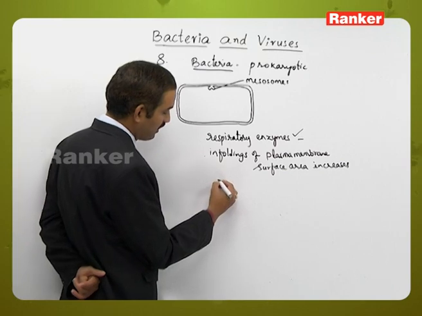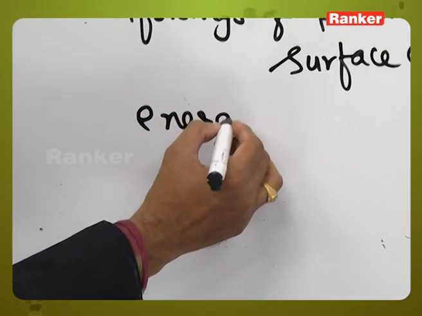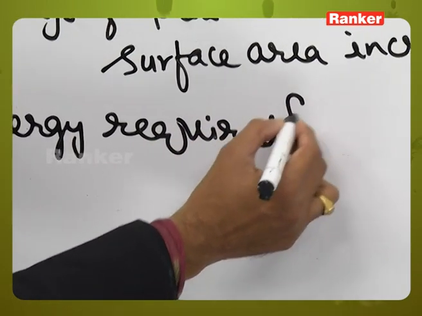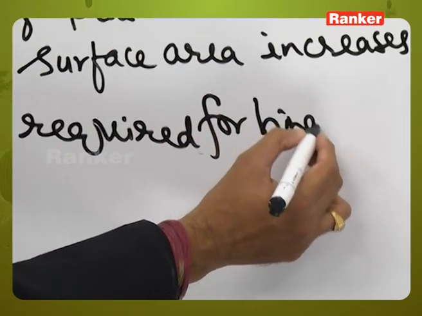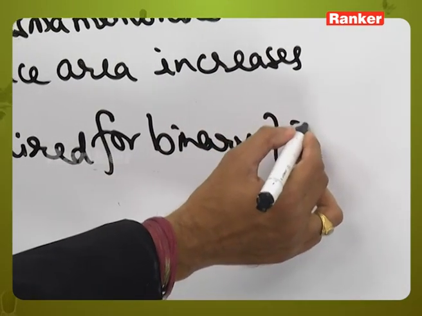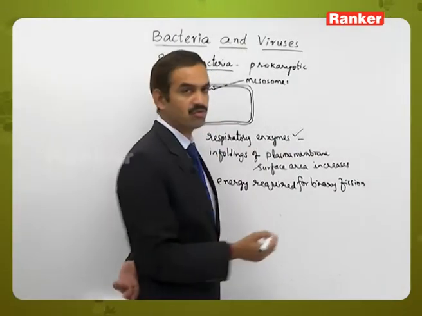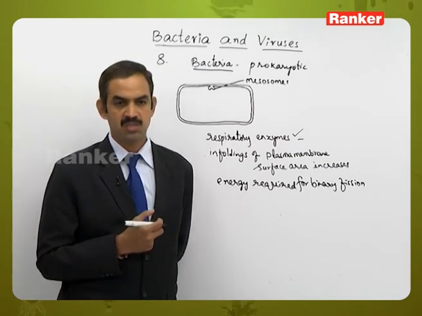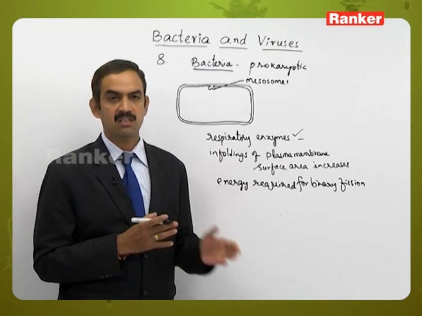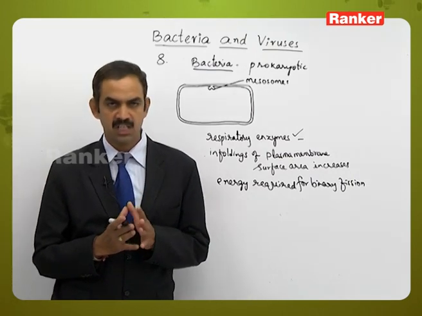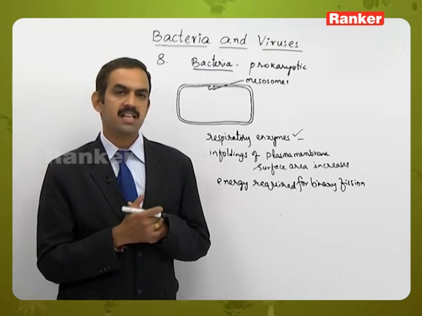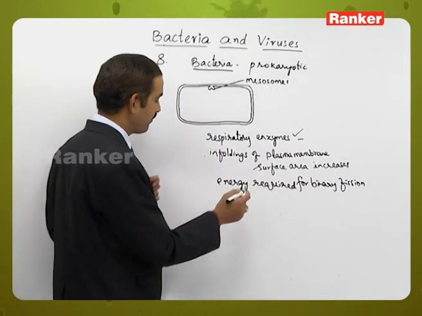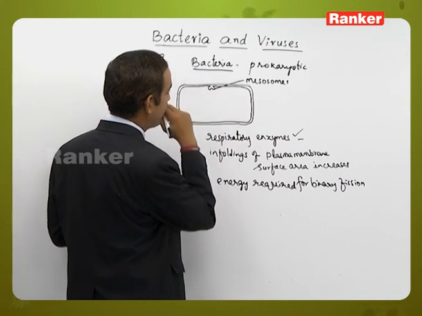Not only that, binary fission needs energy, as it is an active process. Whatever energy is required for binary fission is provided by it, and it also helps in nucleoid separation and septa formation, that is, the wall which separates the two bacterial cells.